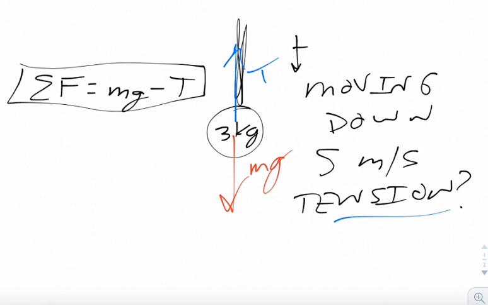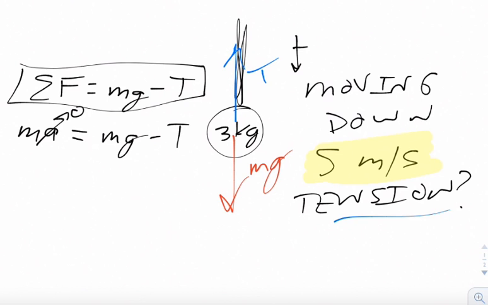So now, according to Newton's second law, F-net always equals ma, so I'm going to substitute for that. And that equals mg minus T. And then, as I mentioned just a second ago, it's moving down at a constant rate of 5 meters per second. And so, well, what's the acceleration? 0.